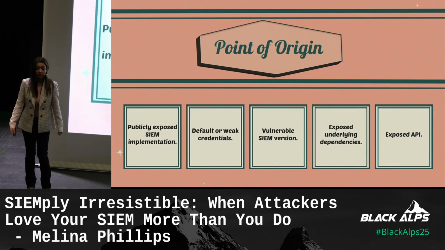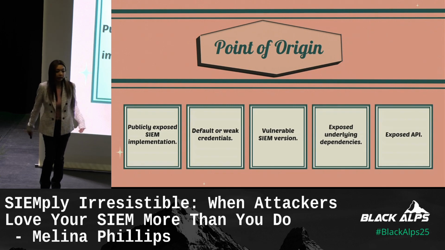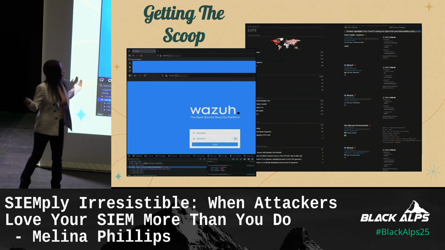Vulnerable SIEM version: this happened earlier in the year, for example, with Wazuh, and I feel like they've really been a target for this type of CVEs. Exposed underlying dependencies: this is one of my favorites, and we'll see why in a little bit. And then exposed APIs, just allowing anonymous API calls or just out there exposed.